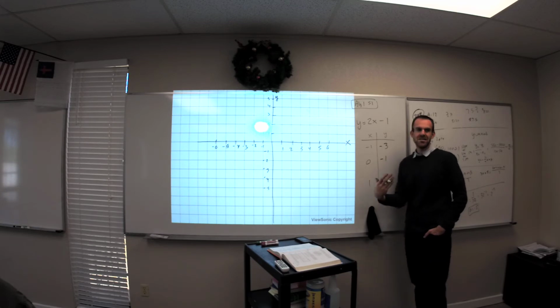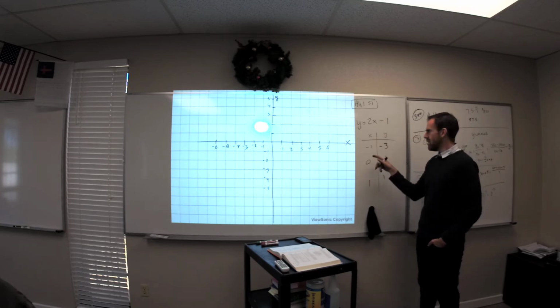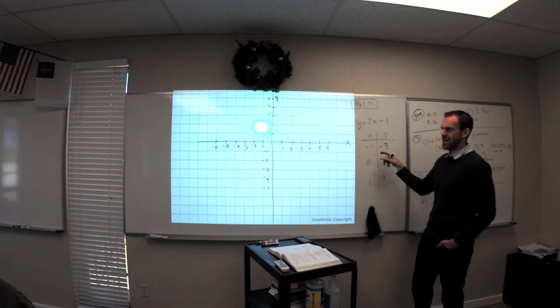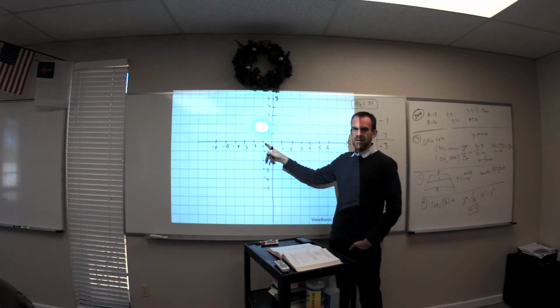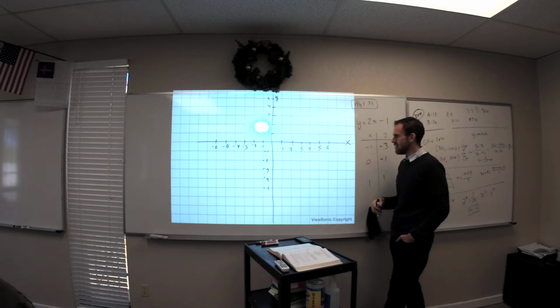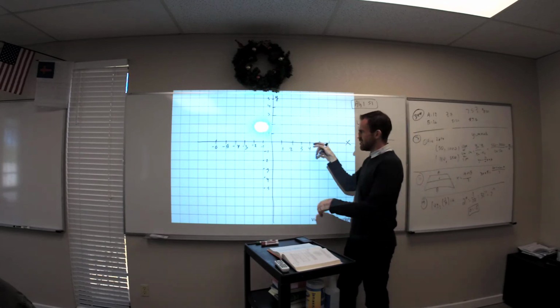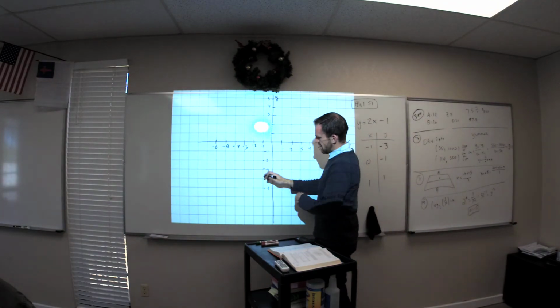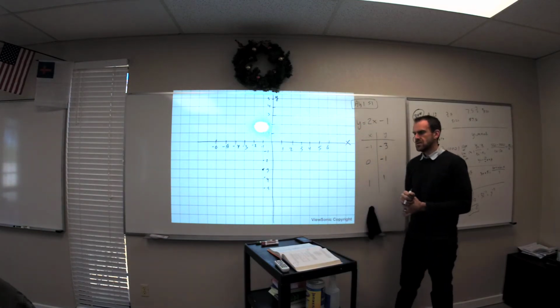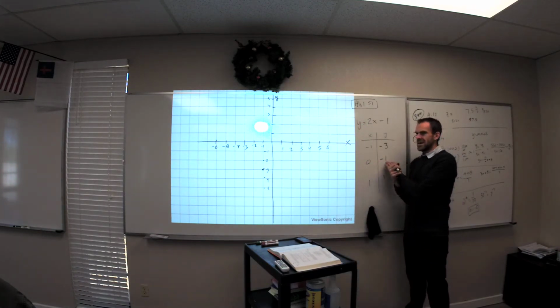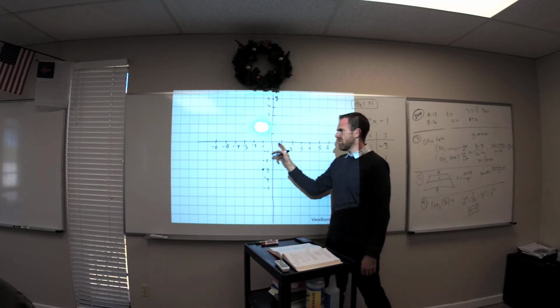Now these represent points. We already practiced graphing points last week. This is the point (-1, -3). Where is that point? X is -1, y is -3. Where do those two cross? Right there. Next, x is 0, y is -1. Where's x equal to 0?